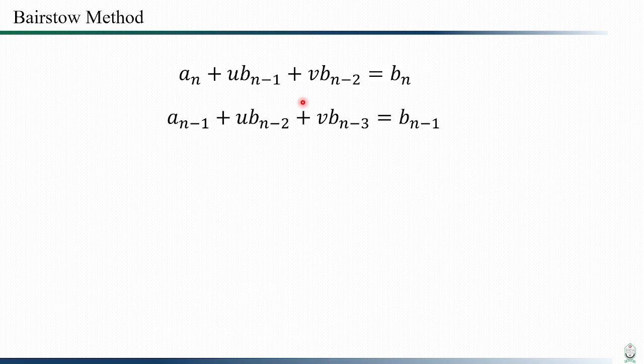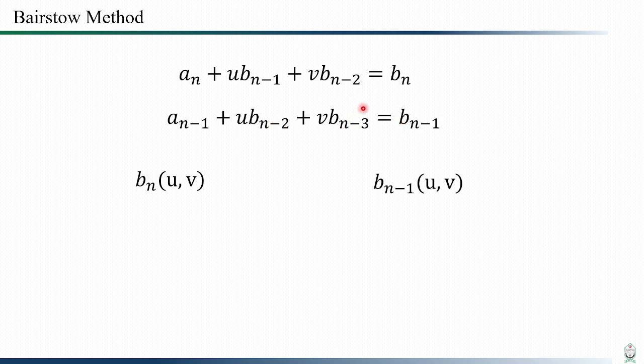So the main idea here is that we are now left with these two equations, and we want this value to be 0 and this value to be 0, which eventually gives us a system of nonlinear equations.